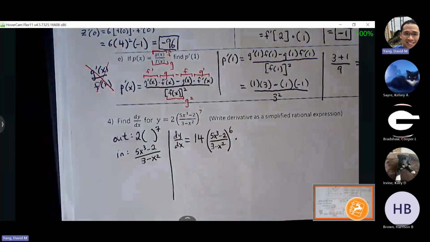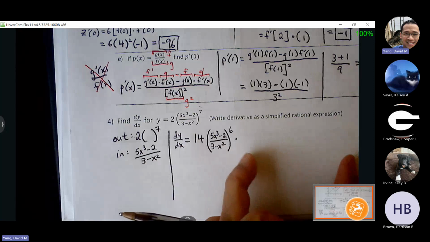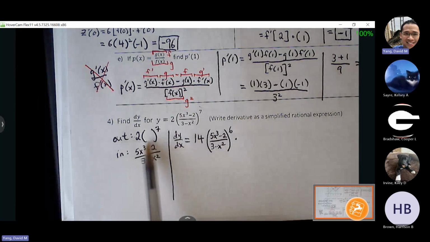Okay, so now that we're out of this first outer portion, now we're ready to take care of the second portion. And this inside portion, we can go through its derivative rule.